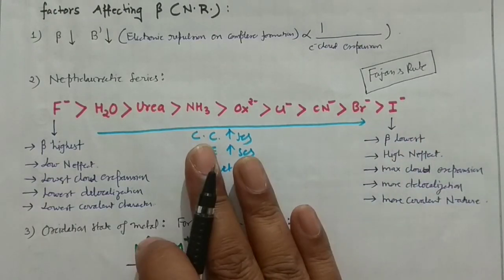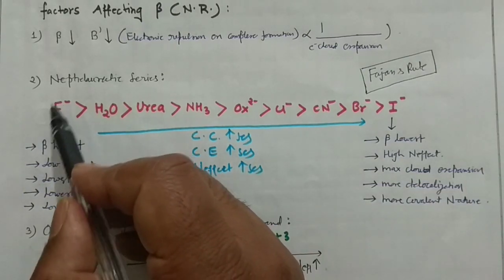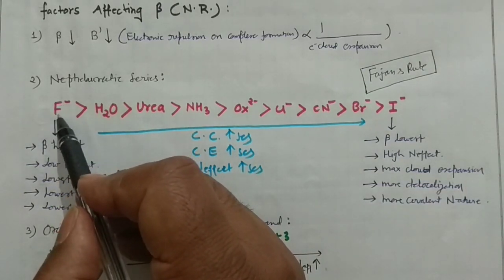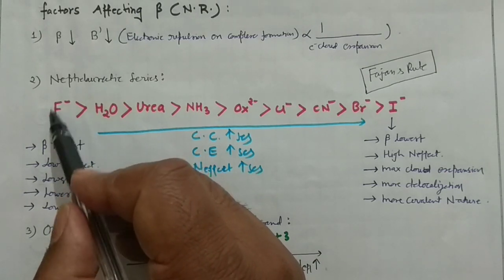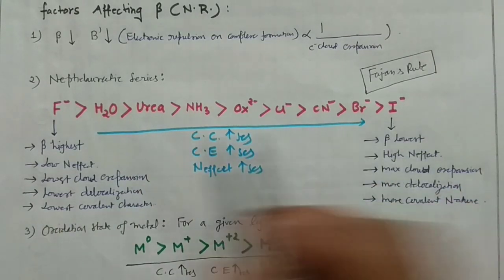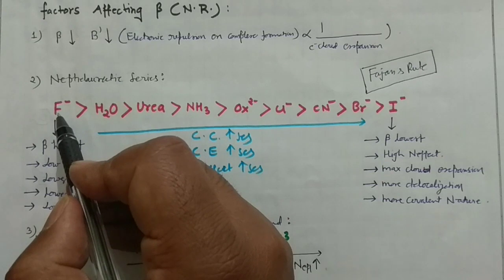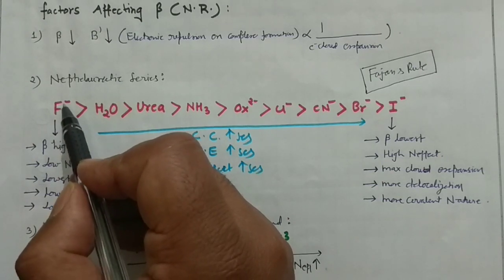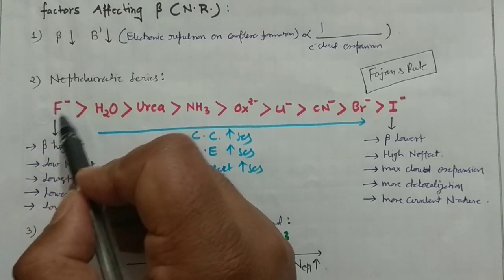Okay, so in that case, you can see, if you start from this one, the electronegativity for this is very high. This means the size of this is very small. You know, F is quite small when compared to I. Okay, so when size is very small, it is very difficult to polarize the electron cloud of this F negative.